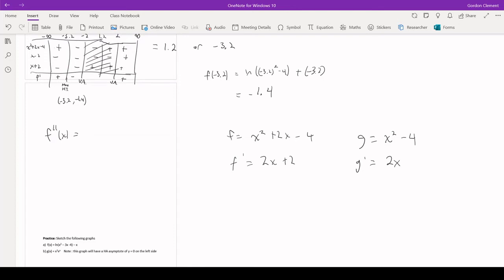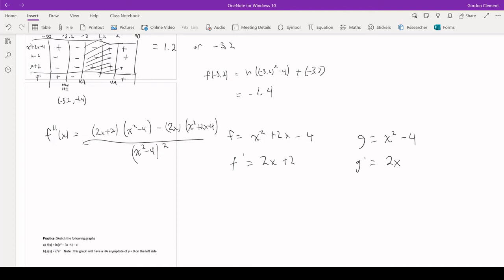So we're going to get f primed times g minus g primed times f all over g squared.